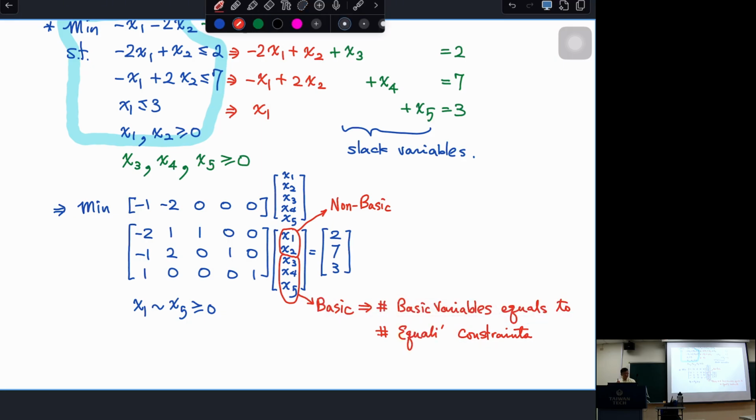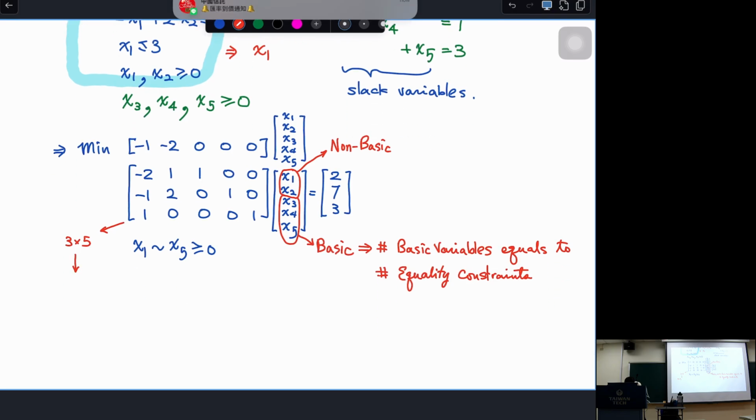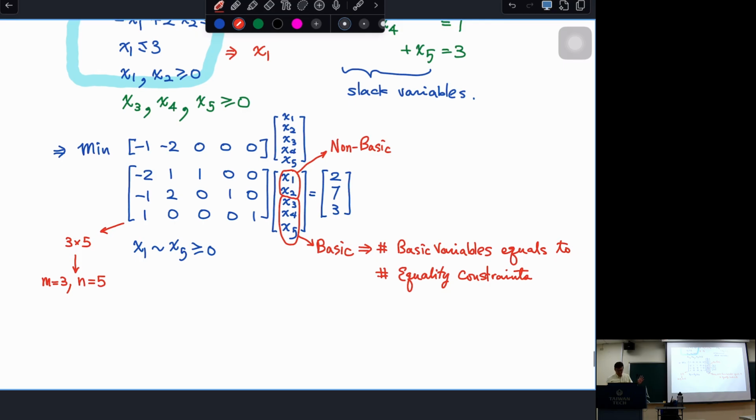Okay, so in this case, we do have a 3 by 5 problem, right? So this means our m equals 3, n equals 5. So number of equality constraints means m equals 3. So the number of basic variables should be 3.